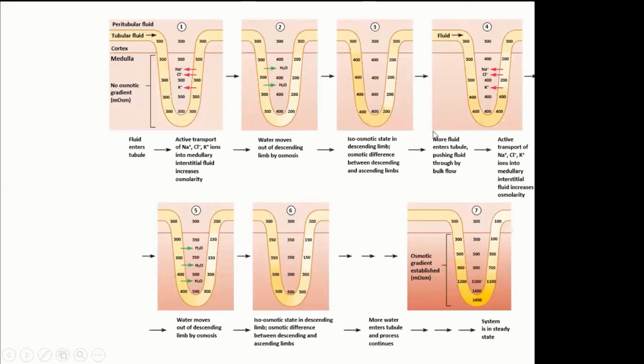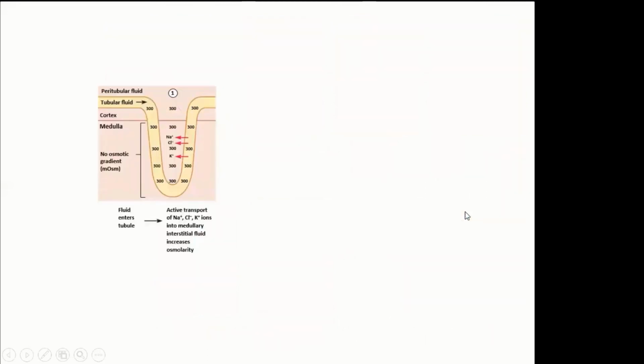So we're building up how we get to this steady state that your kidneys actually function at in this number 7. Okay. So we're setting up a thought experiment where we start out with a kidney where everything is at 300 milliosmoles. So our cortex is at 300 milliosmoles, our medulla is at 300 milliosmoles, and our tubular fluid is at 300 milliosmoles.